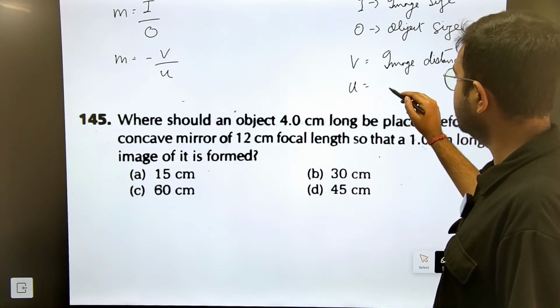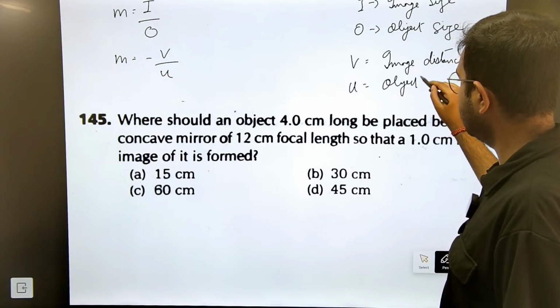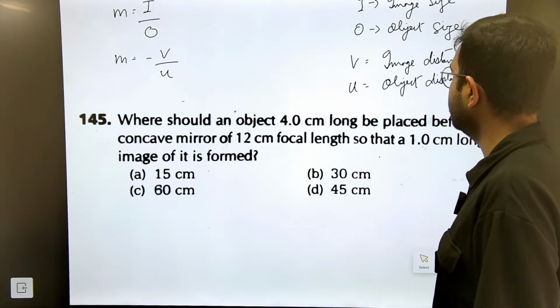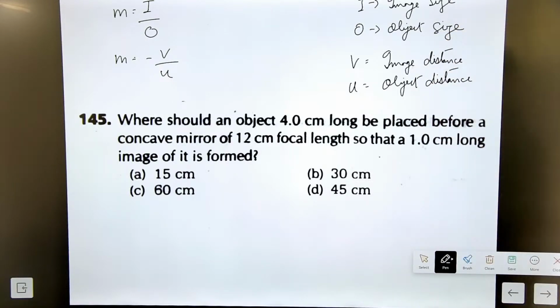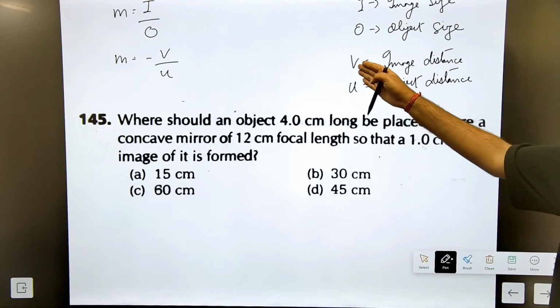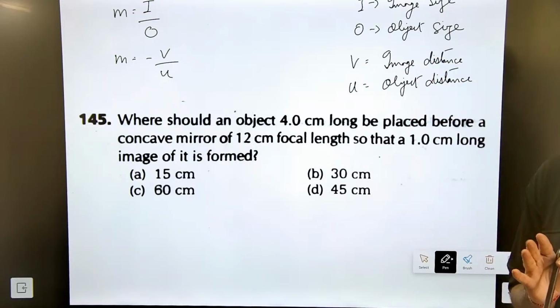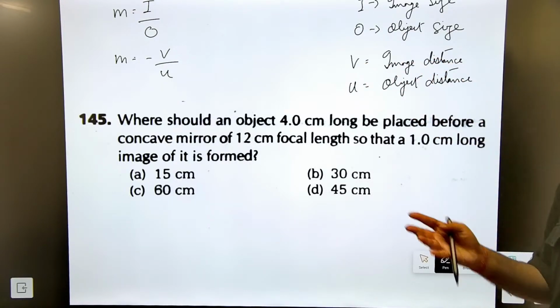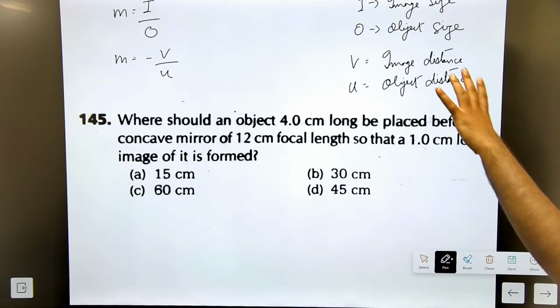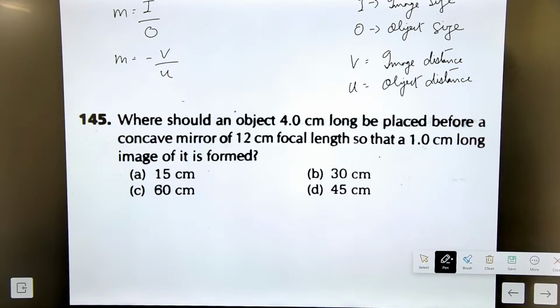And U is object distance, ठीक है. ऑब्जेक्ट डिस्टेंस यानी सेंटर ऑफ कर्वेचर से, उस पर्टिकुलर मिरर से ऑब्जेक्ट को कितना दूर रखा है, और V का मतलब होता है सेंटर ऑफ कर्वेचर से या फिर उस पर्टिकुलर मिरर से वो इमेज कितना दूर पे फॉर्म हुआ है, ठीक है. और I और O होता है कि इमेज कितना बड़ा है, साइज कितना है उसका, और ऑब्जेक्ट खुद कितना बड़ा है, उसका साइज कितना, ठीक है.